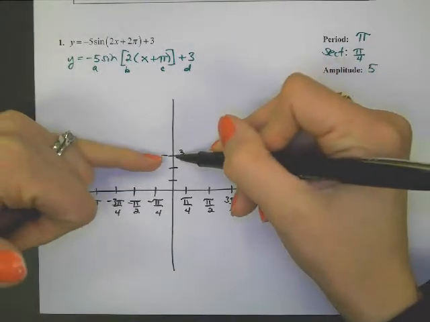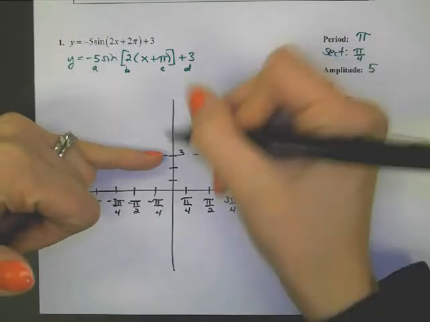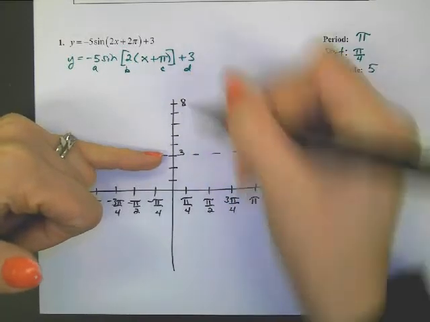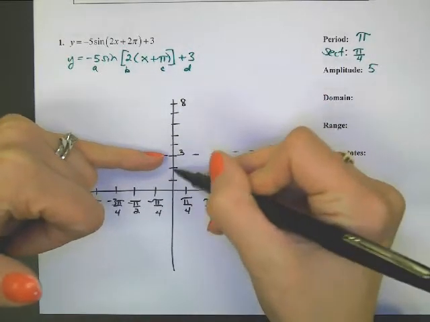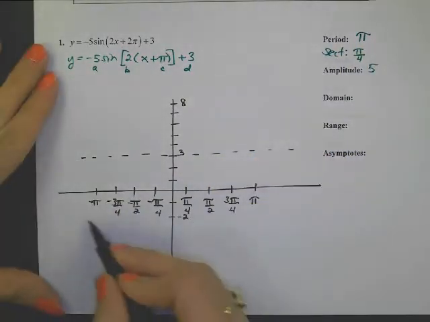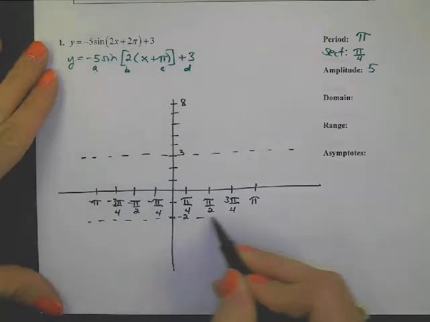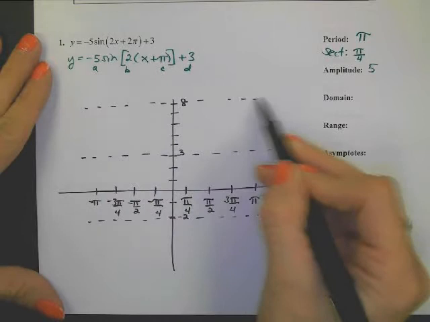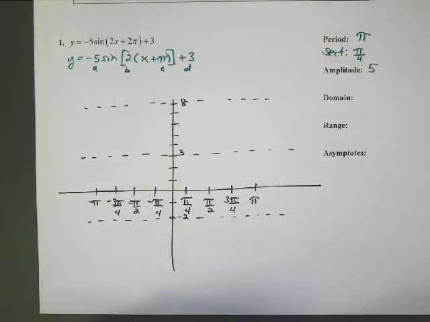So this graph can reach from 3 up 5 more all the way to 8. Or it could reach 5 units down, 1, 2, 3, 4, 5, all the way to a value of negative 2. I'm going to go ahead and put some dotted lines here for my high, my middle, and my low.